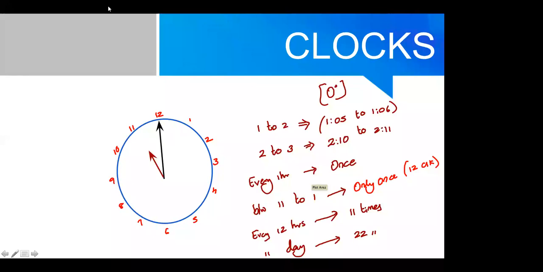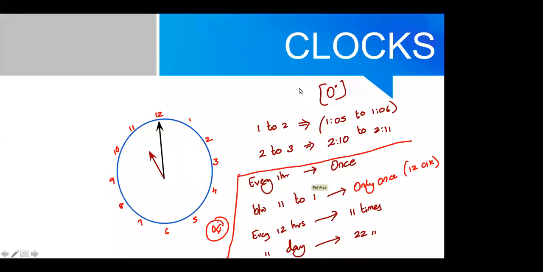First, understand this. So every 1 hour once, but between 11 to 1 only once.